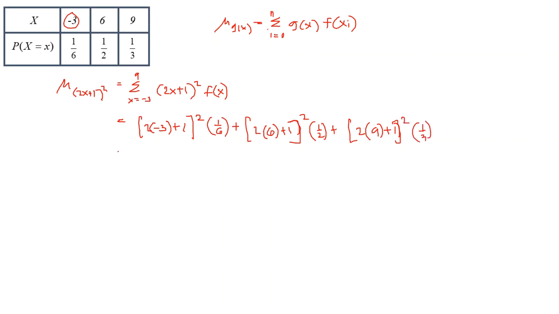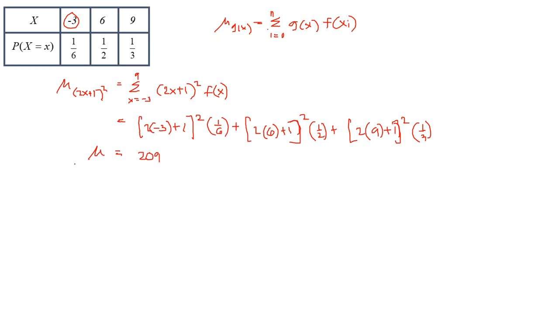So our mean for the problem is equivalent to 209. If you calculate this, it is equivalent to 209. Now that we have computed our mean, we can compute our variance.